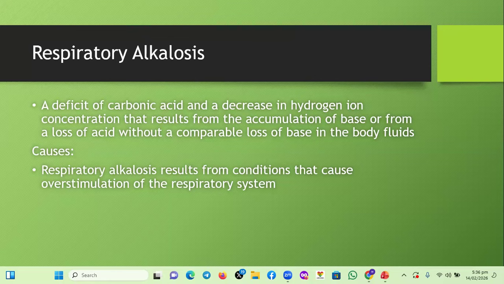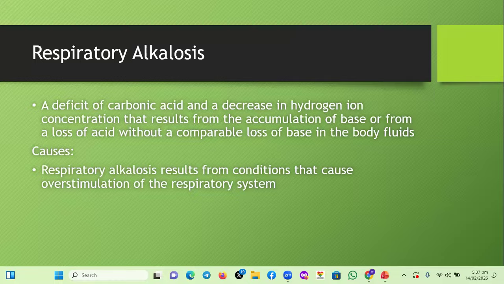Anxiety. Fever. Yeah, anxiety. Asthma. Yes. Fever. Pain. Panic attack. When there is panic attack. So when one is anxious and the person is panting, the person brings out more carbon dioxide.